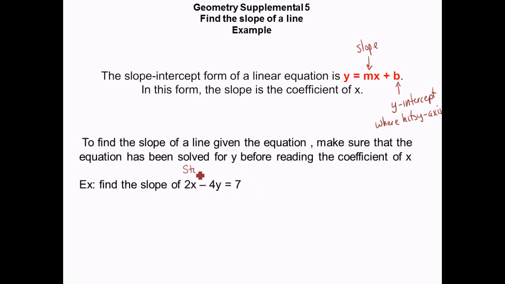This is what's called standard form: x, y, and then the number. There's two ways to do this. We'll go with the traditional method and then the Miss Ayton method.